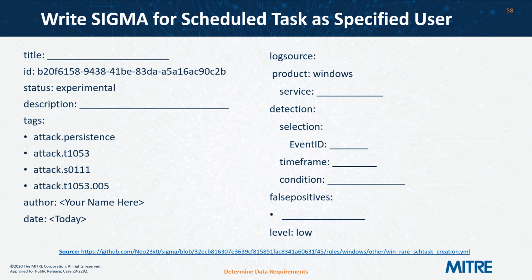Which Windows log source would be appropriate? And which event ID would you use? How would you specify the time frame and condition to leverage behavioral invariance specific to the specified user use case?